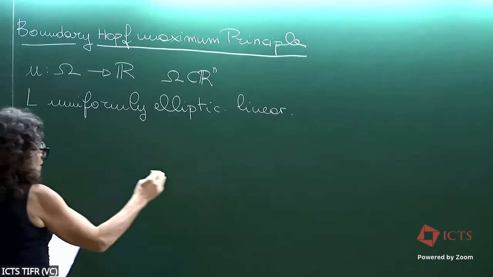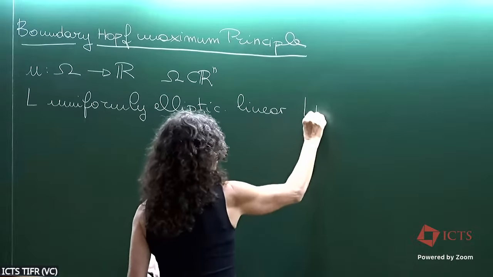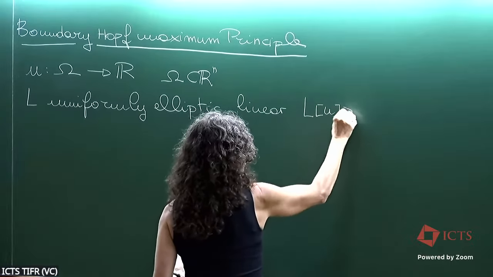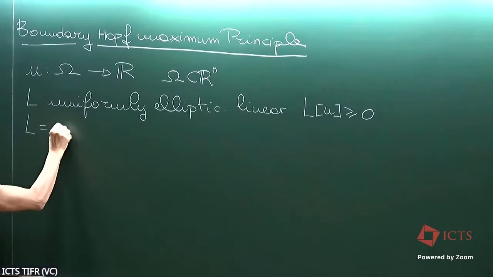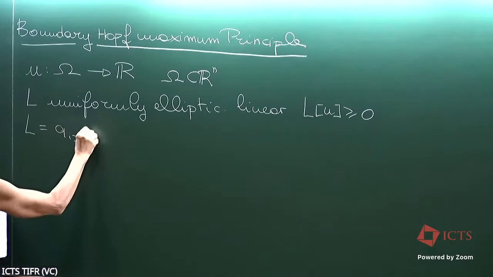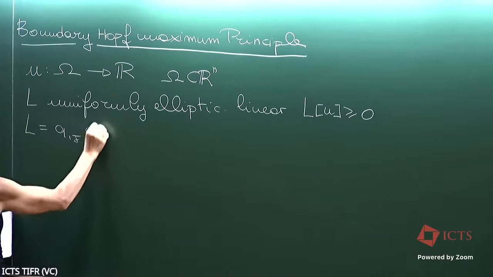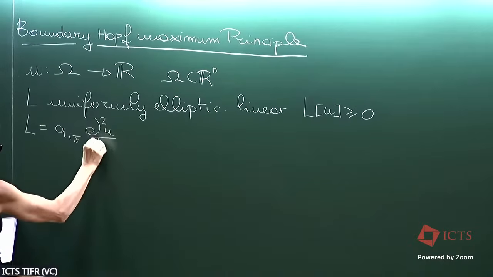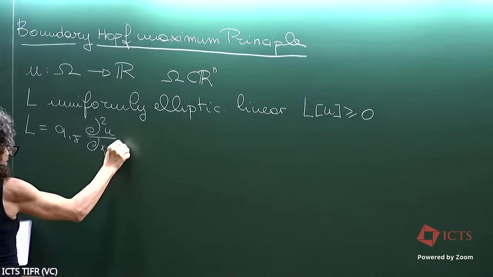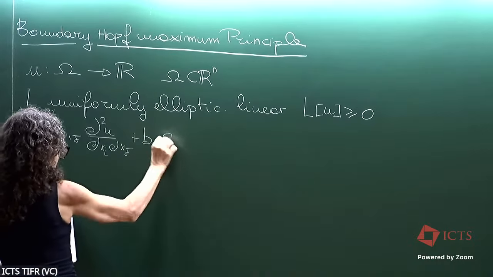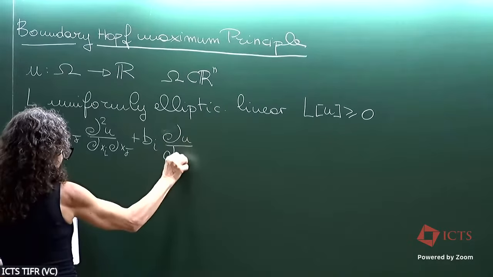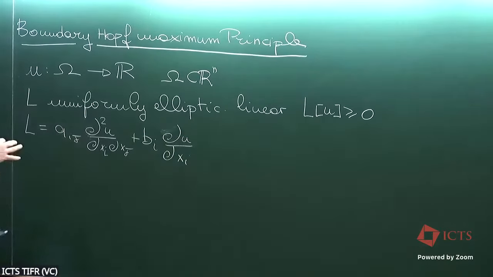And we assume that L of u is larger or equal than 0, where L is of the form a_ij d squared u dxi dxj plus b_i du dxi. Here I don't put the sum, but it's a sum over i, j, and over i.